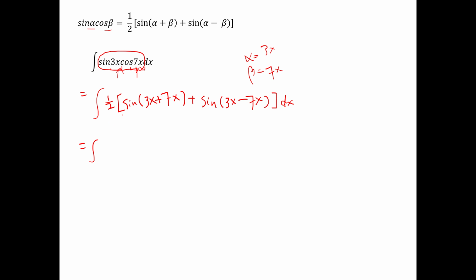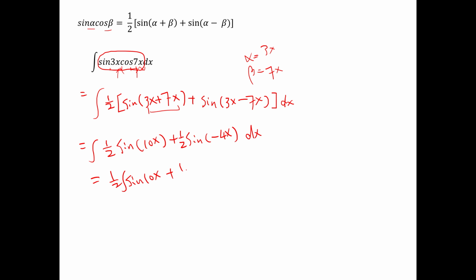So you can multiply the 1/2 in: 1/2 sine 10x plus sine negative 4x dx. Or I multiply this 1/2 in, so I don't need this. I want to split it out: 1/2 sine 10x plus 1/2 sine negative 4x dx.